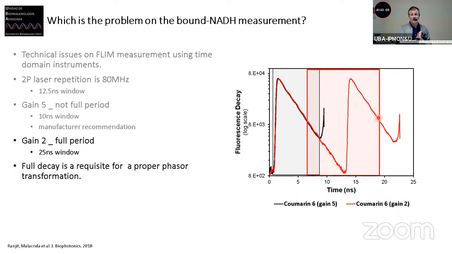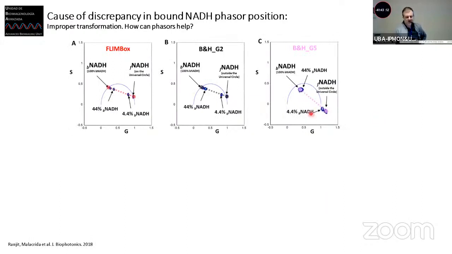Because in the frequency domain, the only thing that matters for us is the period. Okay? So just to show you here, this is the titration of NADH free to bound. We prepared solutions with 4.4% NADH bound, then 44%, and then 100%, and they are all in a line.